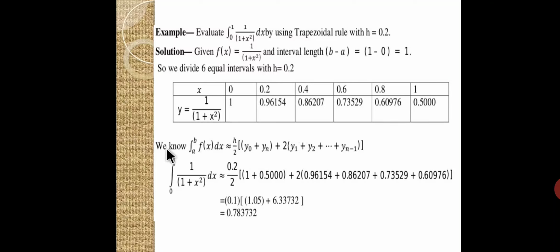So by the trapezoidal rule, what is the formula? Integral a to b f of x dx is equal to h by 2 times y0 plus yn plus 2 into the remaining ordinates.